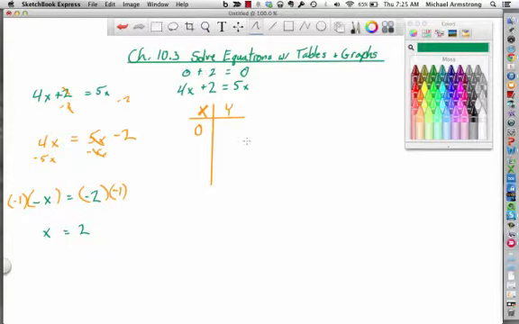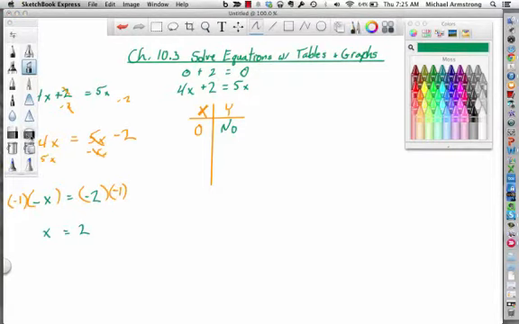This is not true. So no, not true. Let me erase this because I'm going to redo it a couple of times.